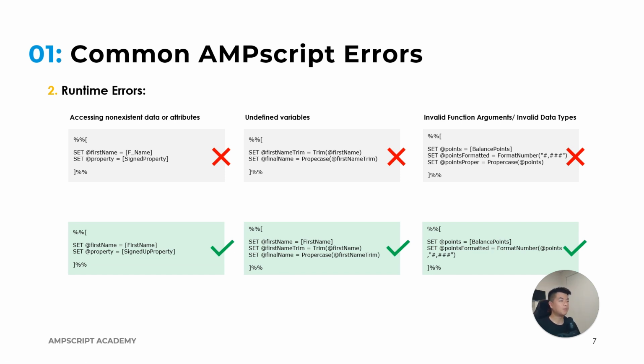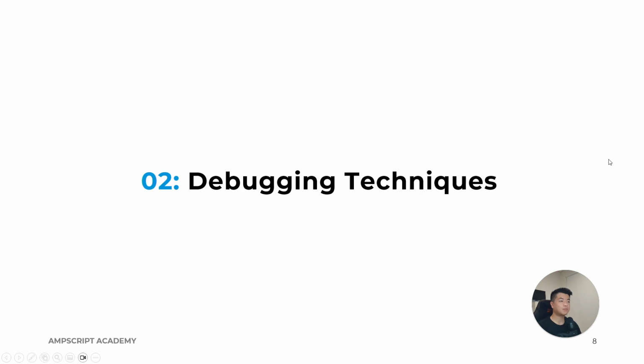Which makes sense. Another one being invalid data types. So say for example, you retrieve points, which is a number, and you want to apply a proper case to it. Obviously that doesn't work either, right? So it's important to have the correct data types in terms of numbers and strings when you're using functions as well. Cool. All right, let's move on.